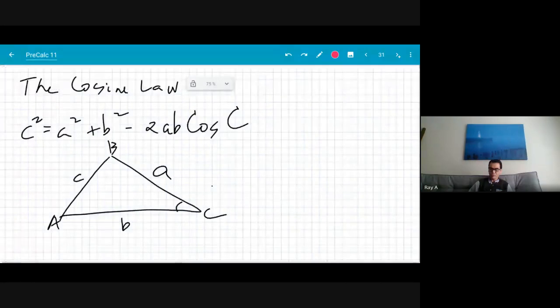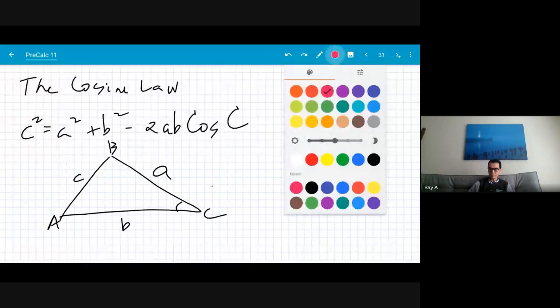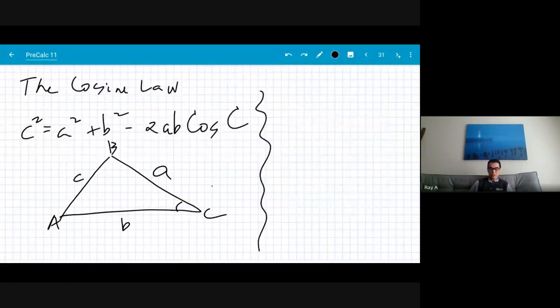Now, I'm going to write something here, which is another way of writing the cosine law, which I don't think was given in this book, but it doesn't matter. All right. So this first one that I gave you, c squared equals a squared plus b squared minus 2ab cosine c, is what you use to find a side. Now, suppose it's an angle that you're looking for.